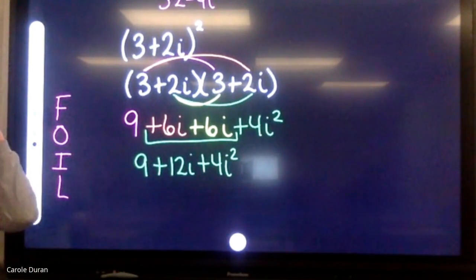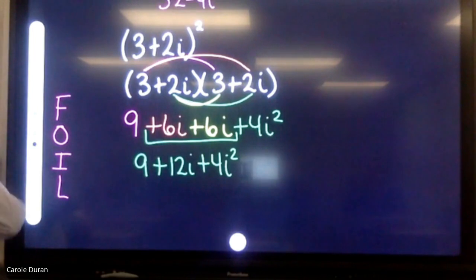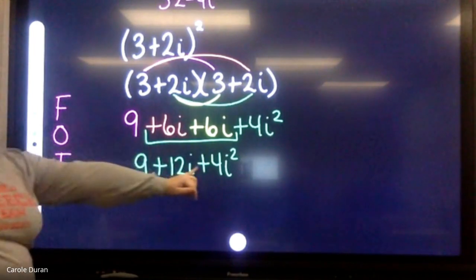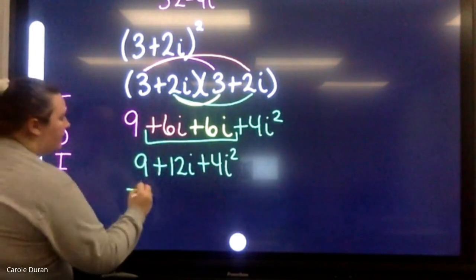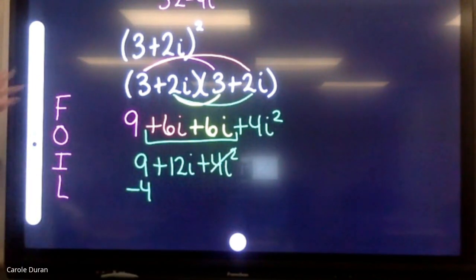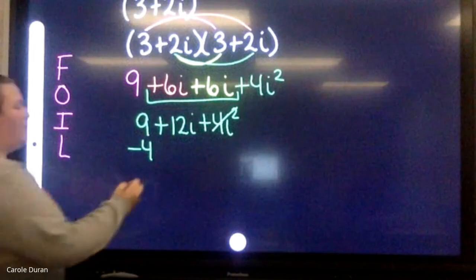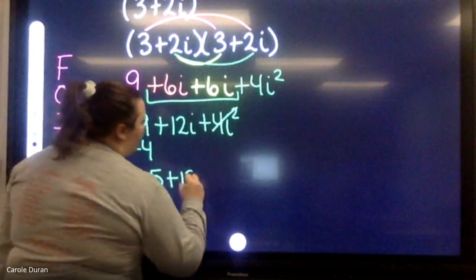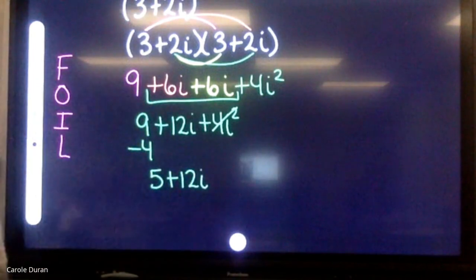No, because I still have an i squared, which I can't allow because I have a value for i squared. What is i squared equal to? Negative 1. So then this positive 4 becomes a negative 4 and combines with the first term. So I have 9 plus negative 4 is a positive 5 plus 12i. And then we're done.